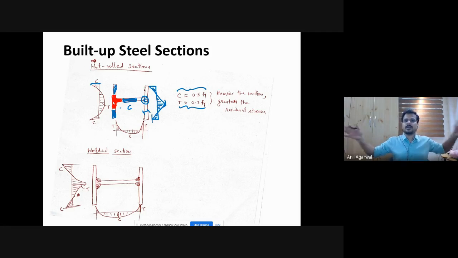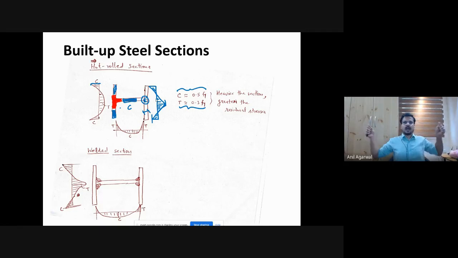You remember that, right? So imagine that these are two different members. The red part is one member, and it is cooling down now and wants to shrink. But the blue parts on both sides are not letting it shrink because they are bonded with it, right? They are part of the same member. So they will not let it shrink, and as a result, the red part will develop some kind of stress.